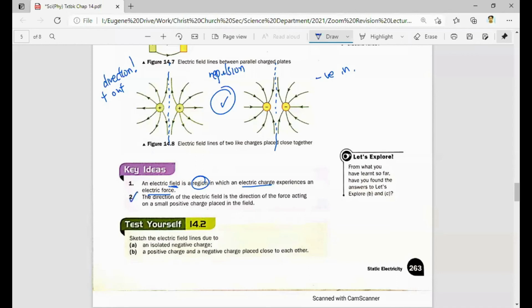But the key point I want to highlight is that positive will point outwards, negative will point inwards. So this is the key point for this chapter.